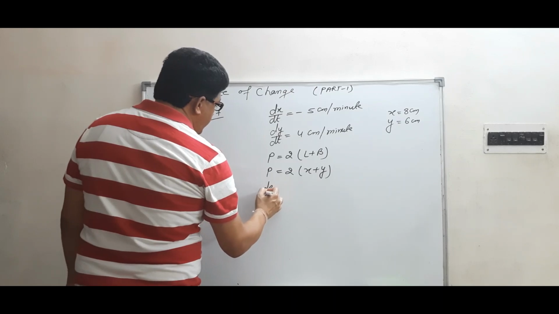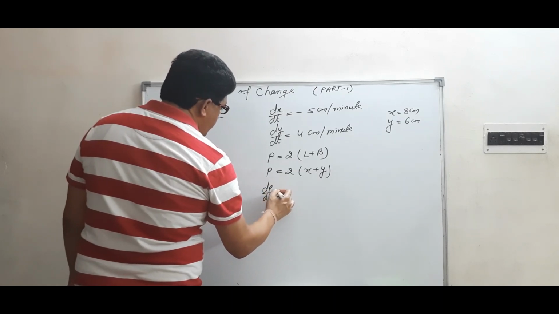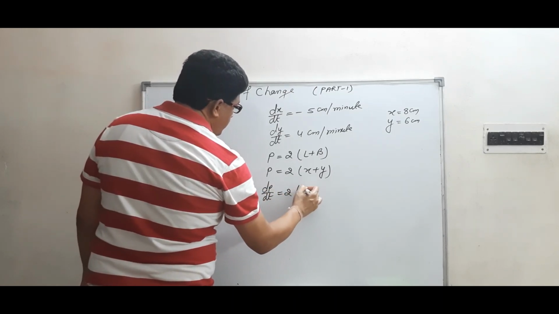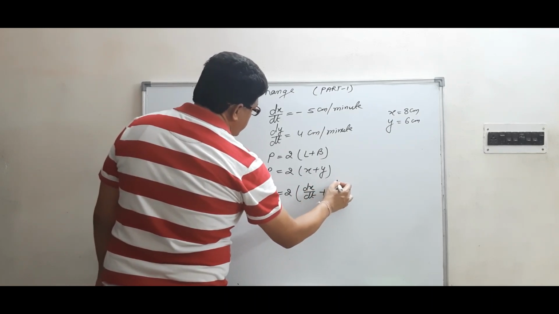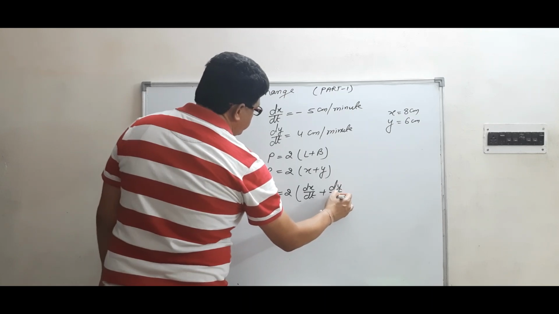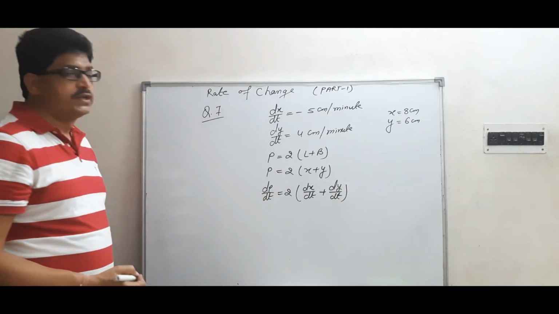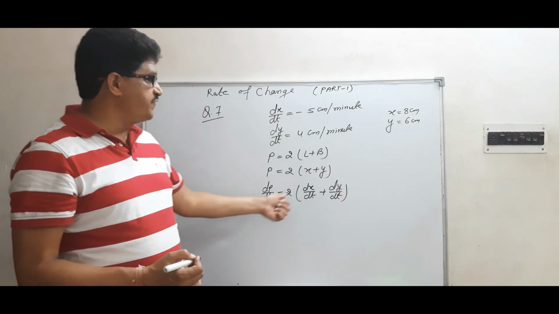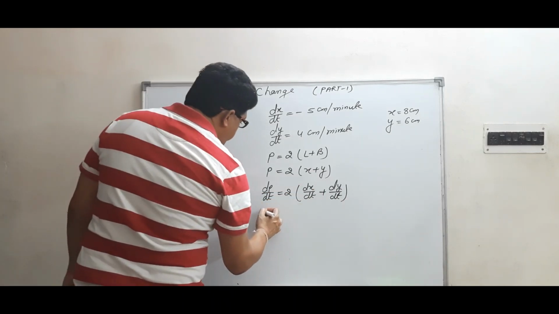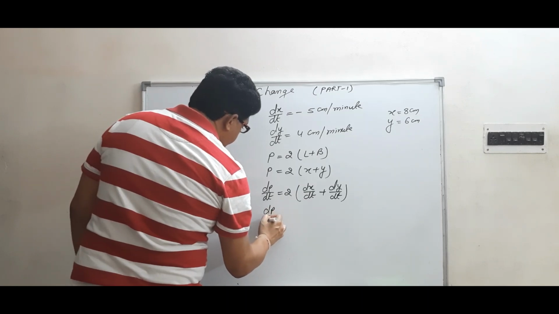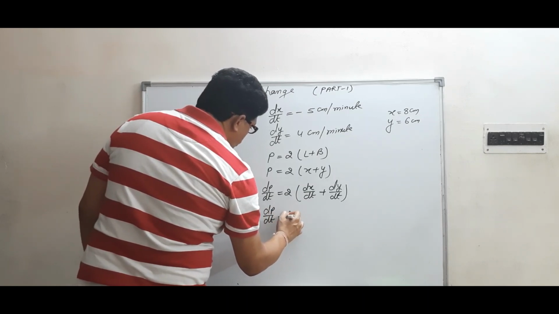By differentiating with respect to t, dP upon dt is 2 times dx upon dt plus dy by dt.